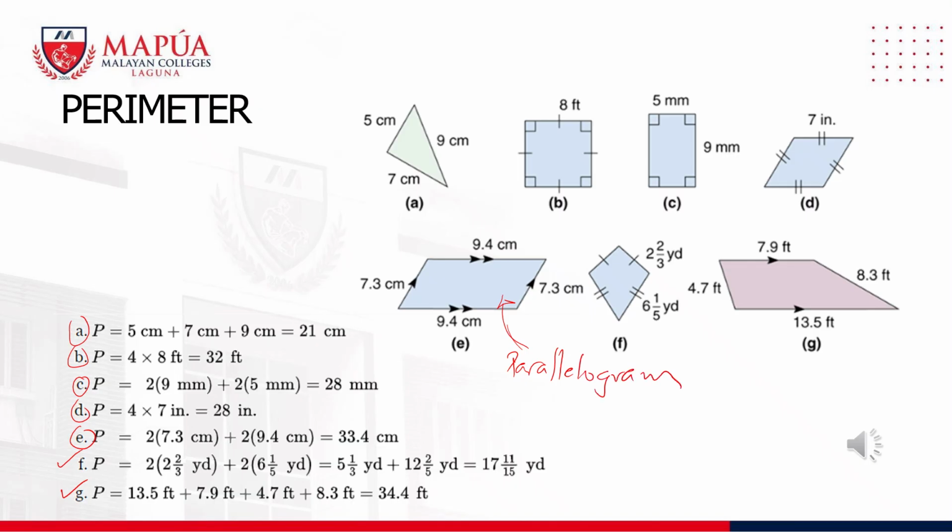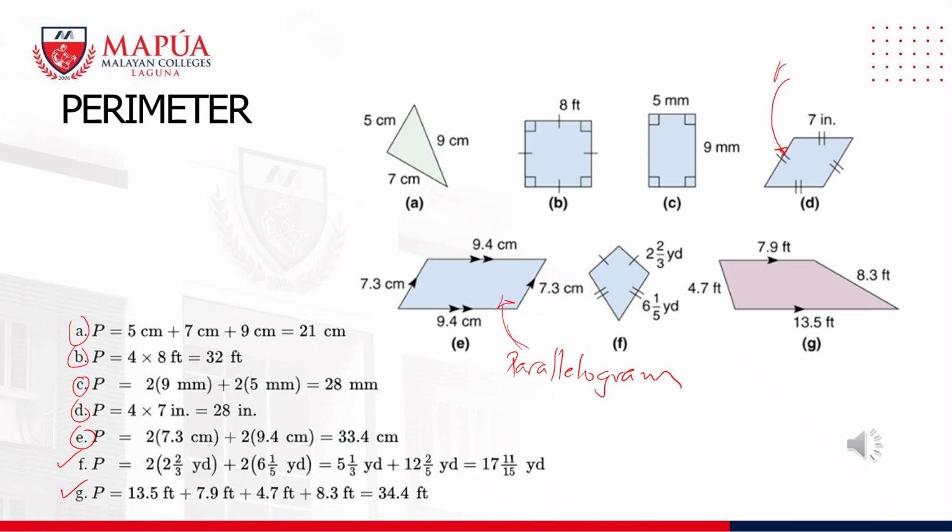And this is the rhombus. It looks like a square, but two of the sides are slanted.